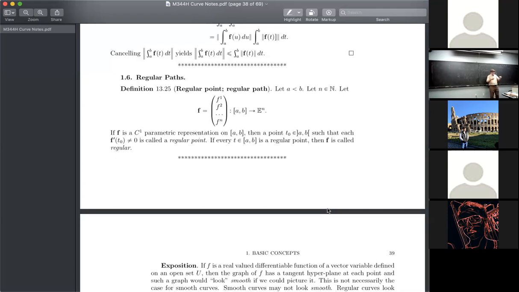So when we interpret things that way, the derivative is going to be called the velocity, and the second derivative is going to be called the acceleration, and that's going to bring up Newton's laws and a bunch of other stuff. That's the end of chapter 13. Anyway, if the derivative is never 0, that means you are traversing the curve without stopping.